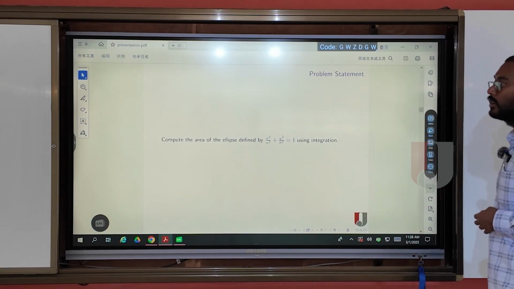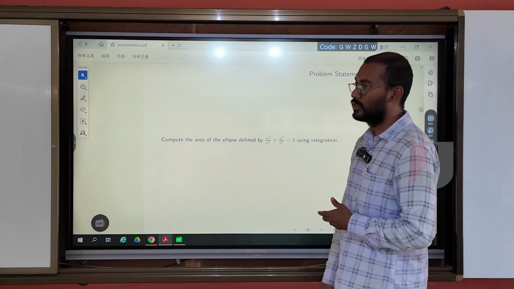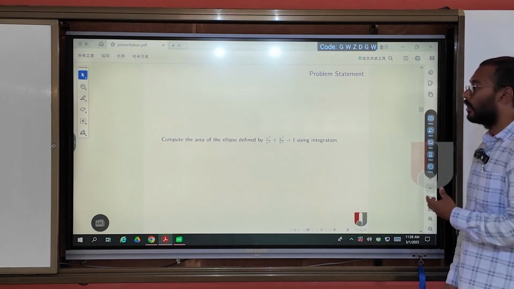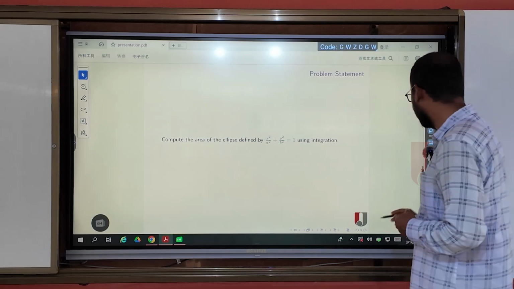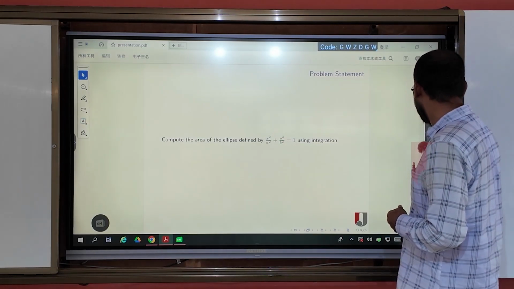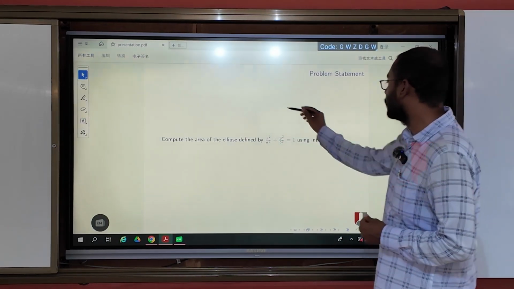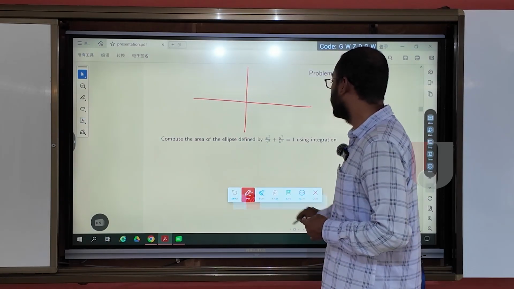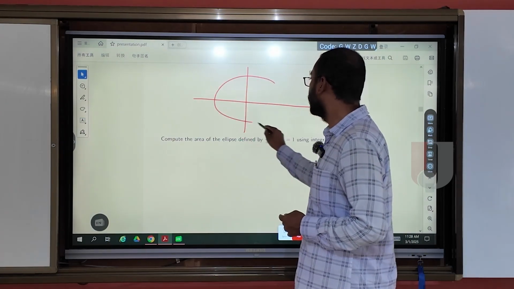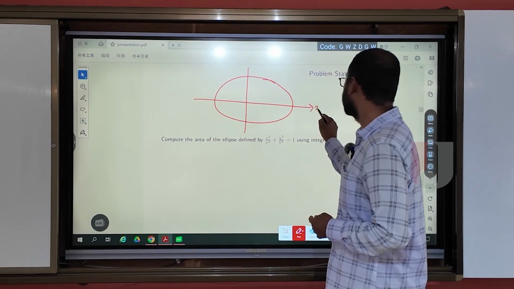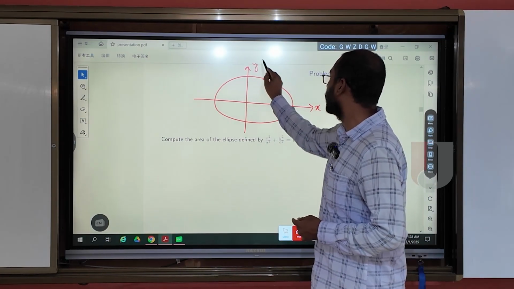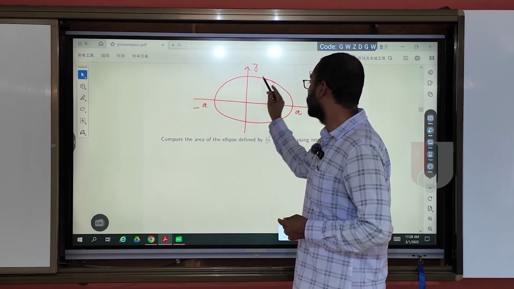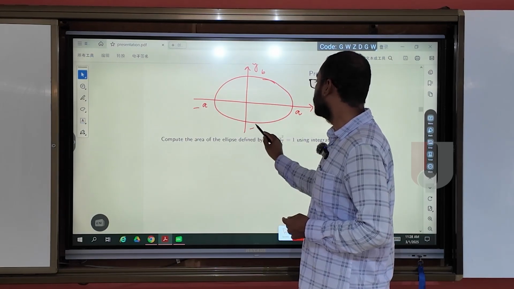Now another example of the application of this integration: how to compute the area of an ellipse. You know how to draw the ellipse. This is the x-axis, this is the y-axis, and this is a, this is minus a, this is b, and this is minus b.